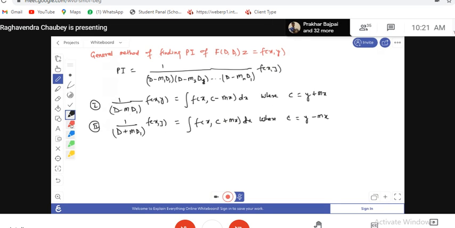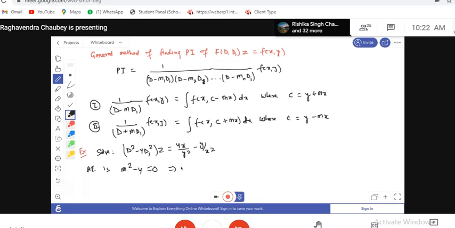Now if we have a problem of this type, (D square minus 4 D1 square) z equals 4x over y square minus y over x square, what is the auxiliary equation? The auxiliary equation is m square minus 4 equals 0.